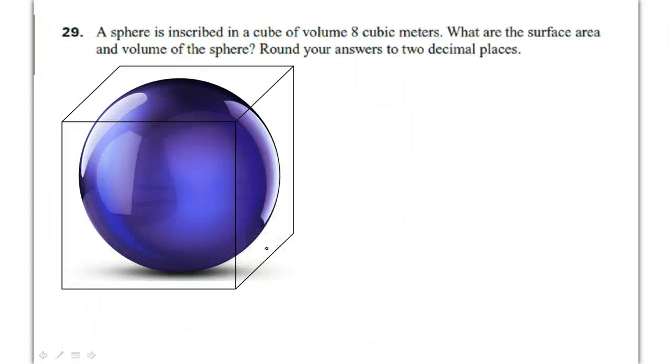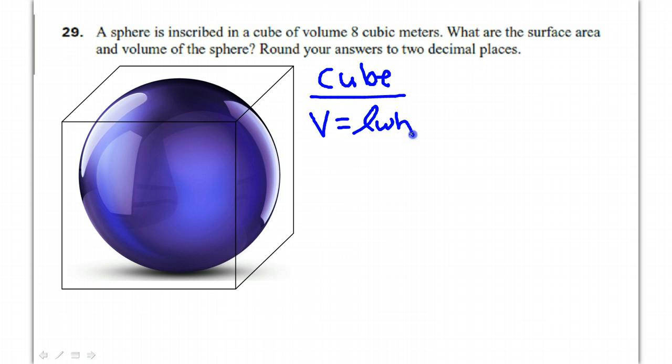All right, look at number 29 real quick. The problem mentions a sphere inscribed inside of a cube. Well, here's the deal. First of all, you need to know how you do the volume of a cube in the first place. Did you guys know that the volume of a cube is length times width times height?